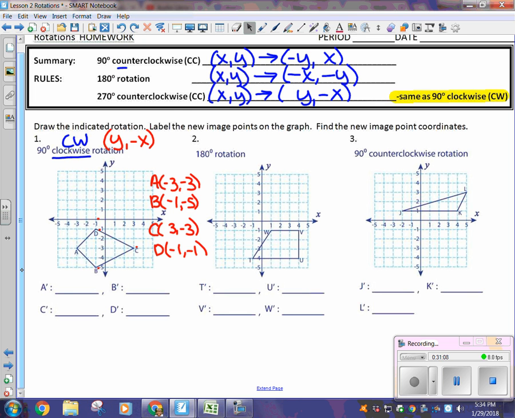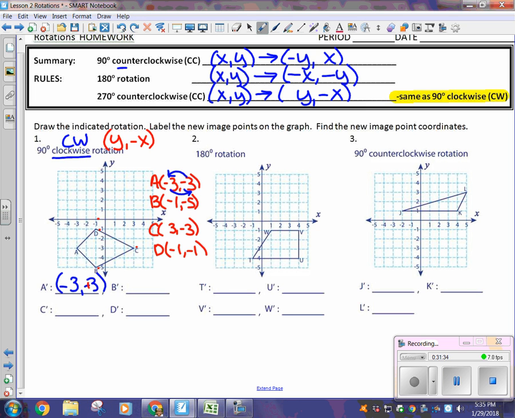Now, what I want to do is, Miss Jessup's going to use a blue pen to get us started. I'm going to apply the rule for 270, which is the same as 90 clockwise. So what I want to do is, this is the same. Oh, shoot. Picked up the wrong thing. All right, let's fix that. There we go. -3 comes to the front, -3 goes to the back. It seems too easy. But remember, the second one goes opposite.